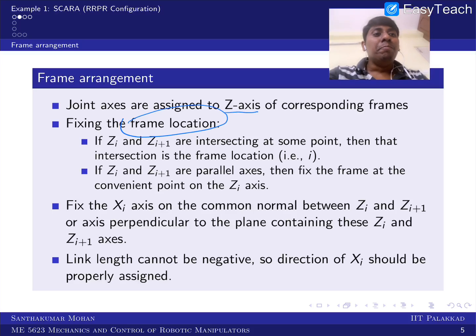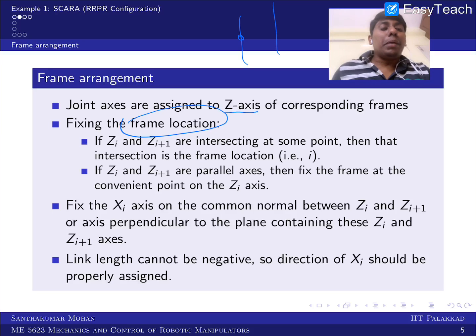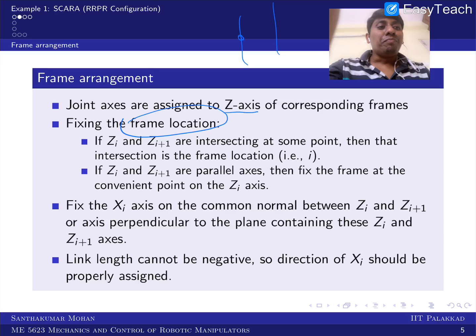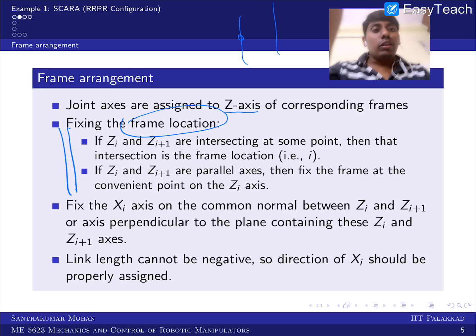If the axes are parallel, then you have several possibilities. If they are intersecting, you can take the intersecting point as the location of the coordinate frame. If they are non-intersecting but orthogonal, then you have to see how to fix it. These are the things we have seen in the previous lectures, so I'm just giving a recap.